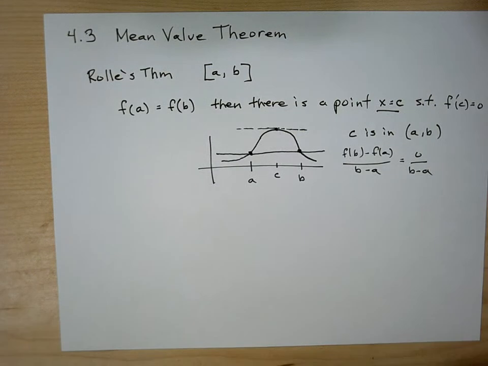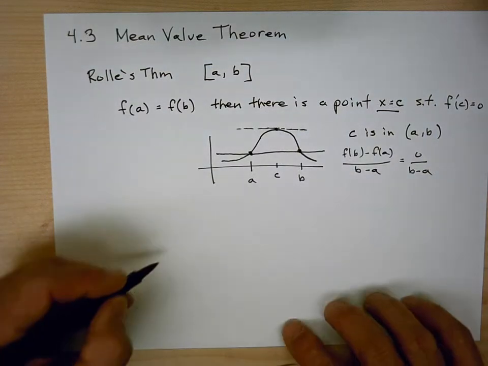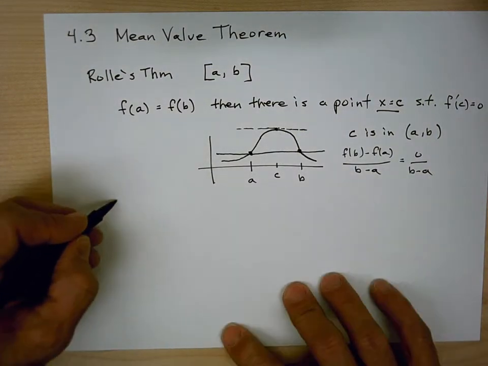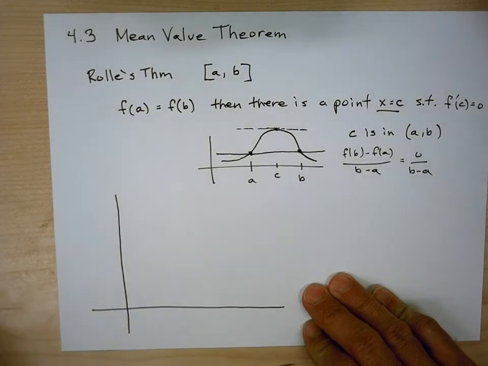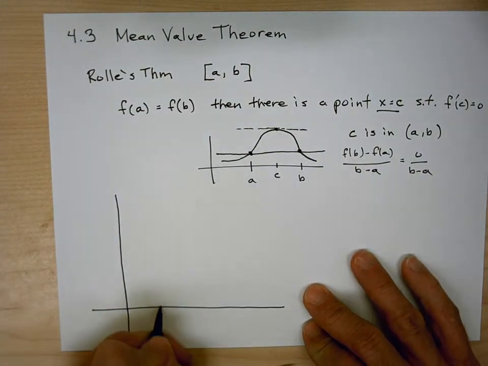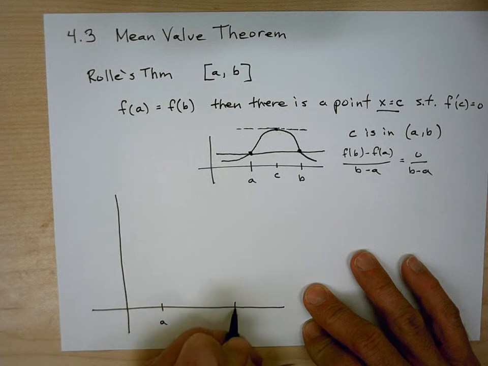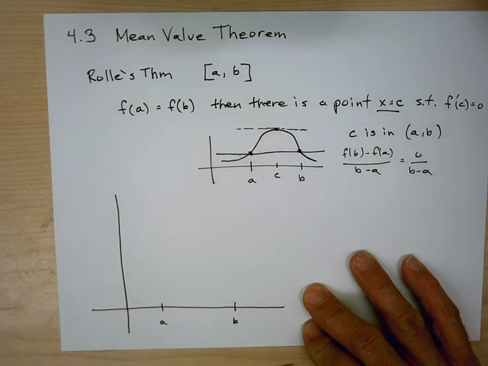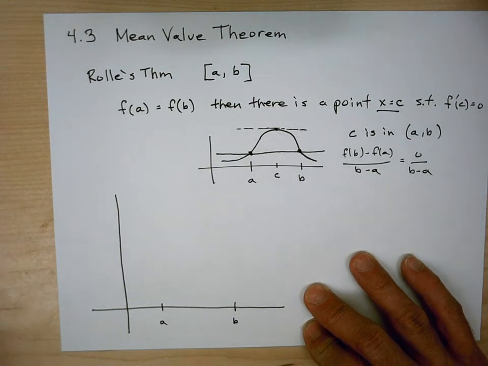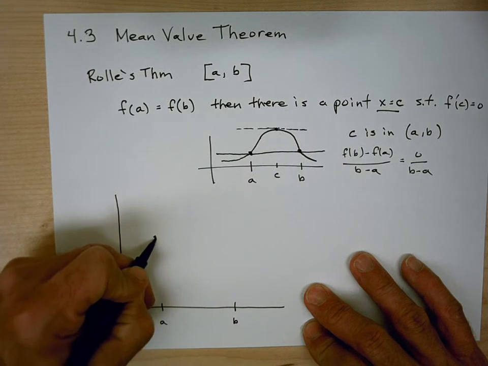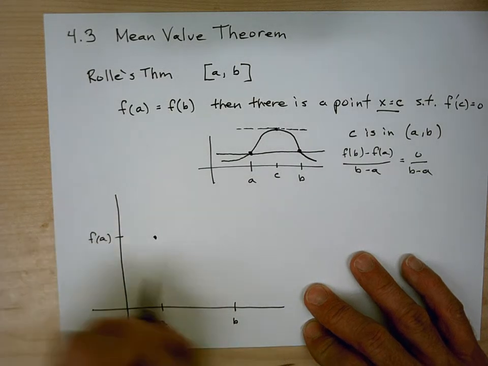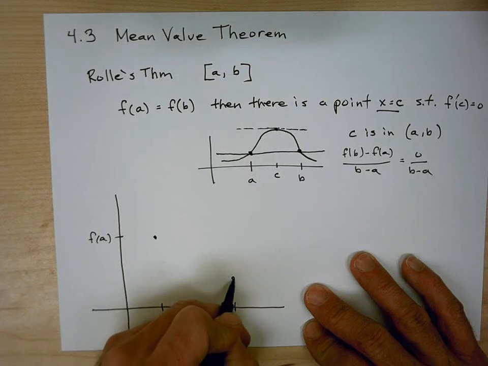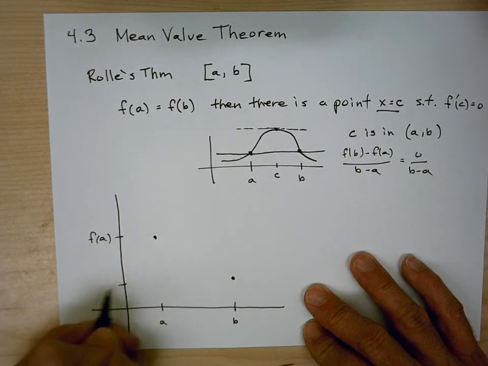Another way to think of this, let me just draw a different picture here and then we'll talk about it a little bit. Let's say I have a point A and I have another point on the x-axis, B. Here's f of A here, and let's put f of B down here.